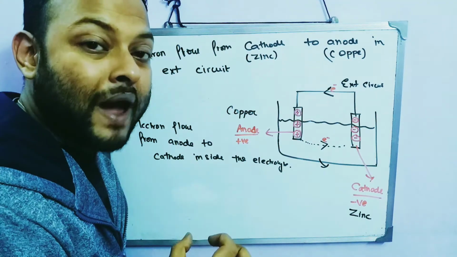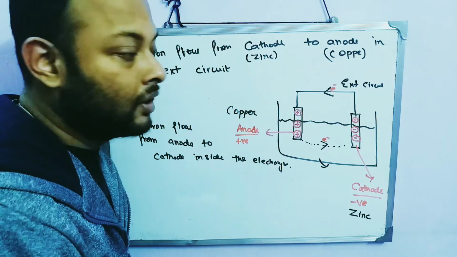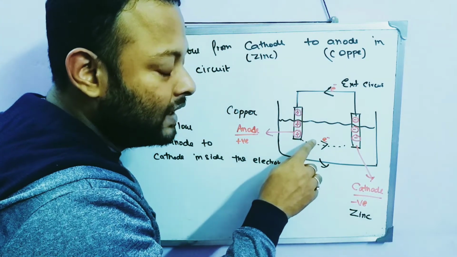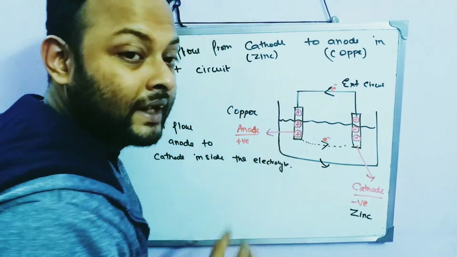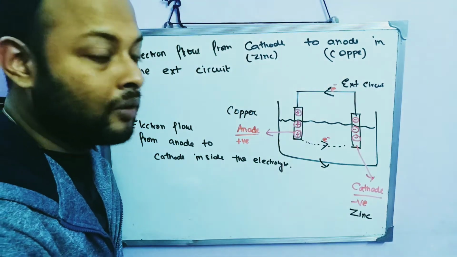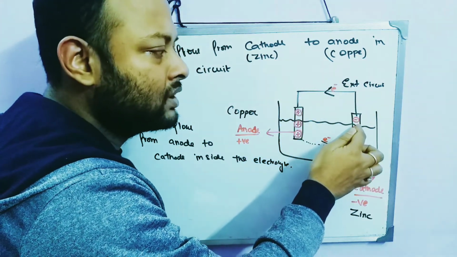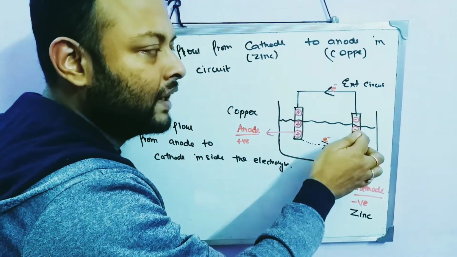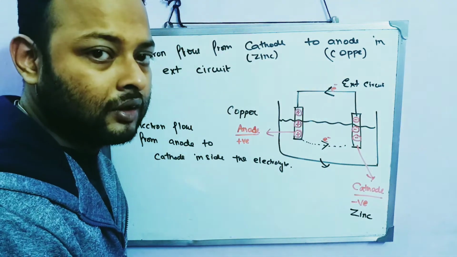This battery is externally doing some work in making sure the electrons go from the positive to the negative inside the electrolyte. Because over here the battery is not doing any work, since electrons get attracted from negative to positive by themselves.